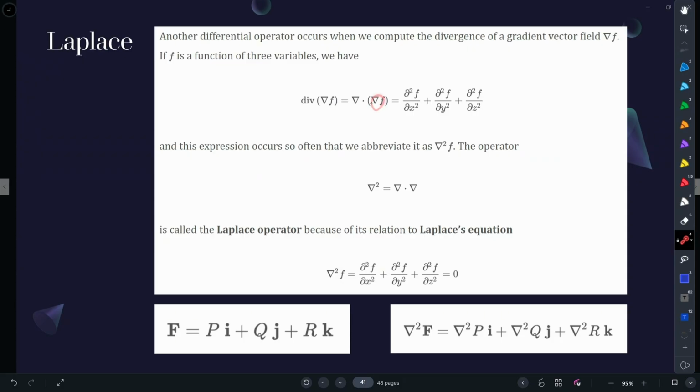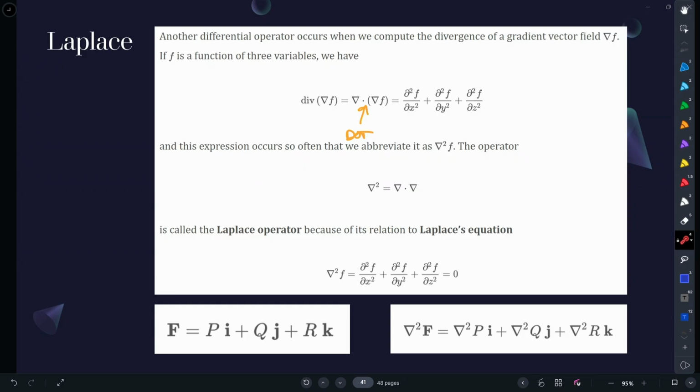So if I take a gradient and do the dot product with another gradient, then what I get is the sum of the second pure partial derivatives, and that's called the Laplace operator.